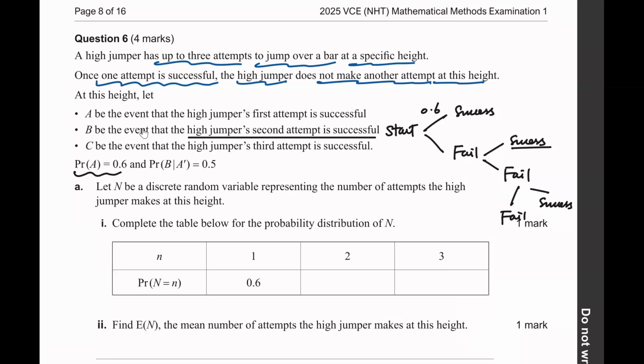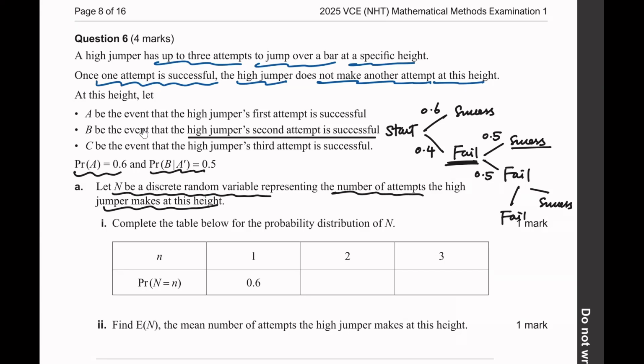Okay, so if I say B given A is 0.5, let's look at the first branch. This is 0.4, the other case. And given that A dash, fail, is this first fail, and then B given A dash is 0.5, then you also get a 0.5 here. All right, let n be a discrete random variable representing the number of attempts the high jumper makes at this height.